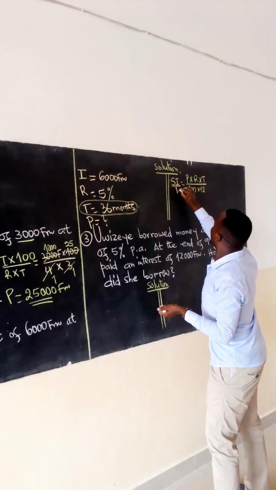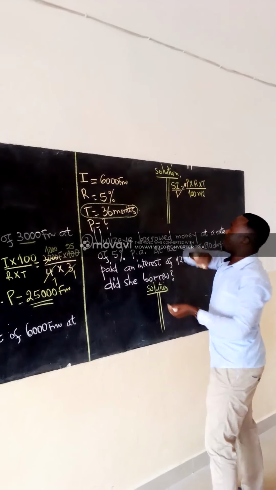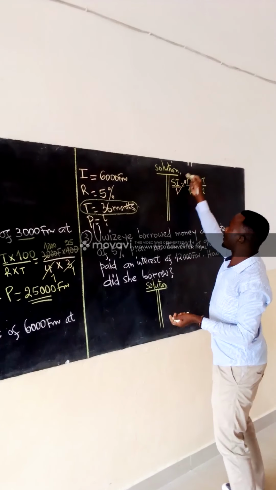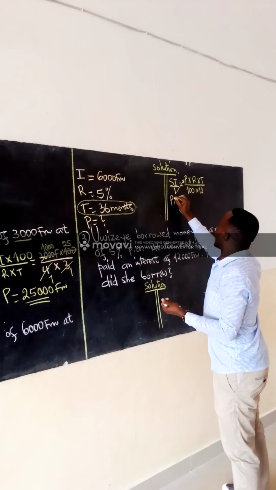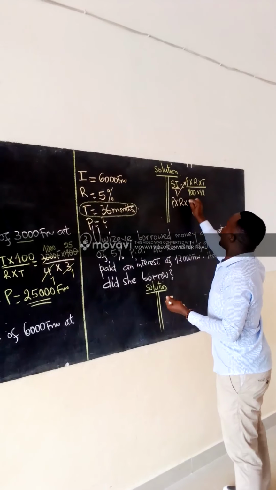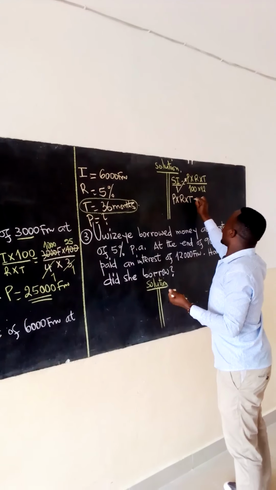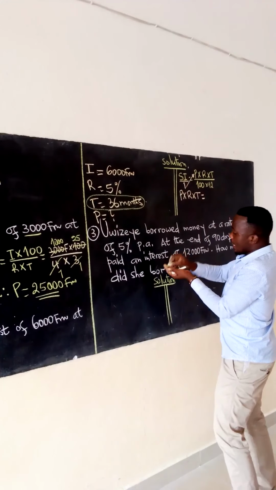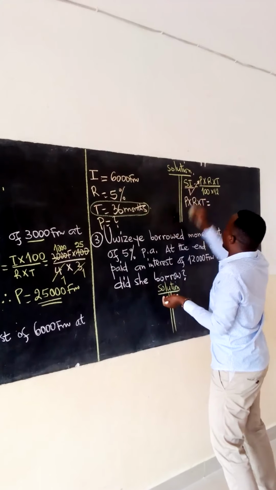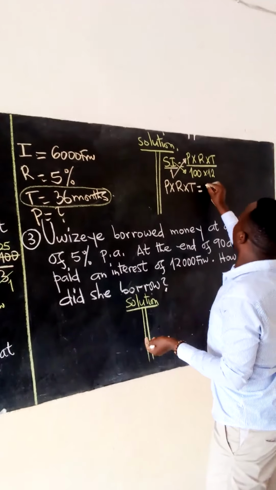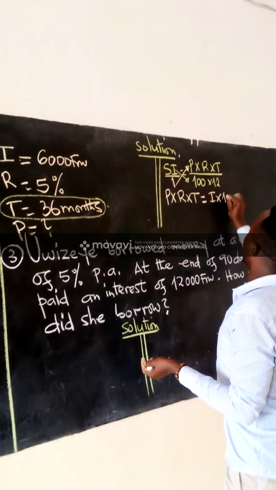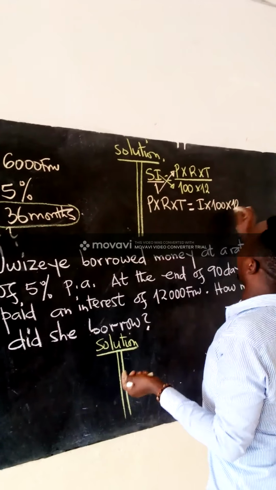I cross, then I multiply. 1 times what is here? Here doesn't change, you know. Principal times rate times time equals, I cross the border here, then I multiply to have interest times 100 times 12.